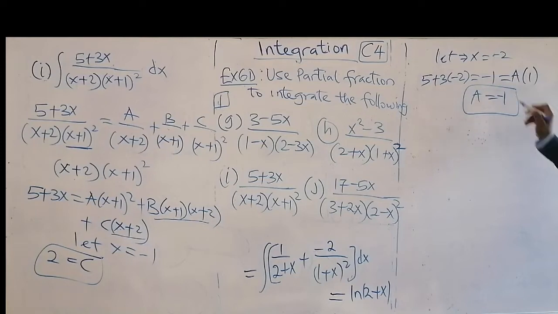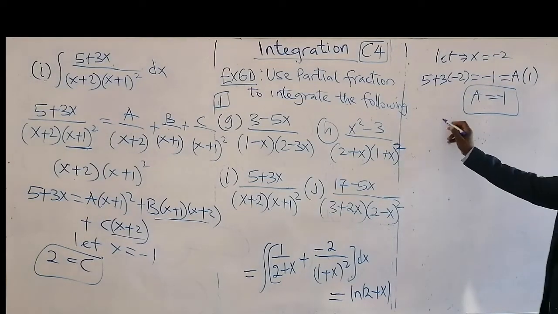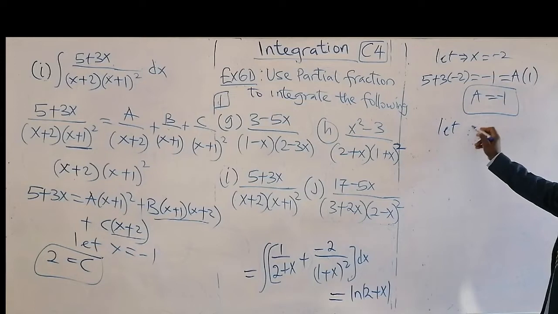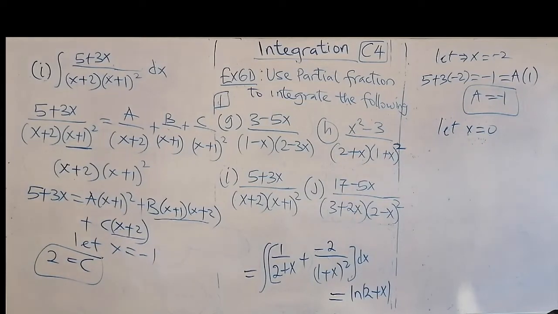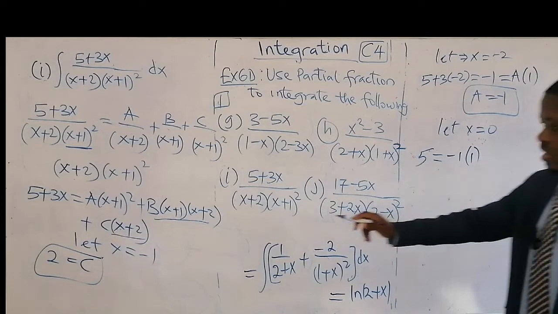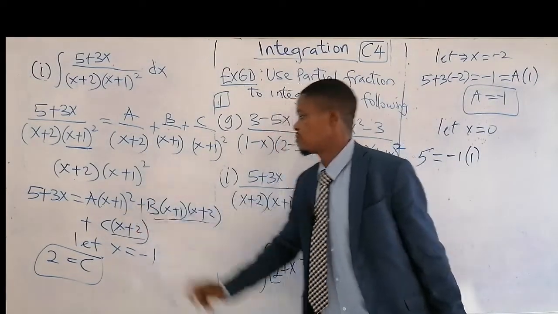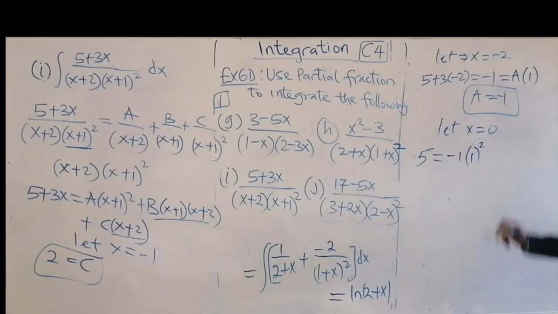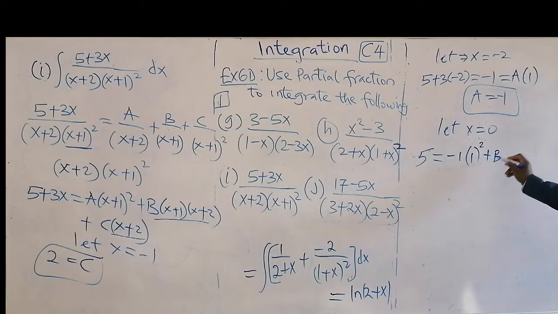A is minus 1. Then the final thing we can do is to use any small value, we can use x equal to 0. So we're going to have 5 on the left, and then we can begin to substitute. We have the value of A as minus 1 times (0 plus 1) squared. Then plus B. We don't have the value for B yet, so B times 1 times 2.